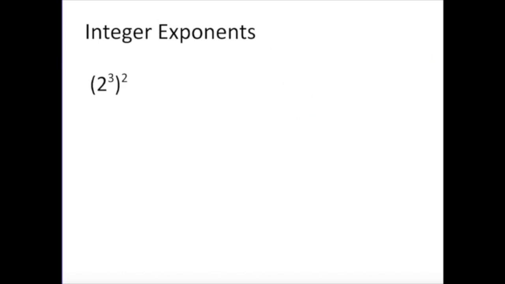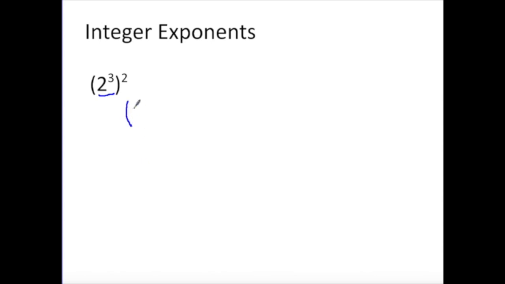So there is another type of exponent problem that you may come across, and that is when you raise a power to a power. What we have to do when we come to this situation is stop and think, what is actually happening here? So I'm going to start with the innermost part of this problem, and I'm going to look at 2 to the 3rd power, and keep it in parentheses.